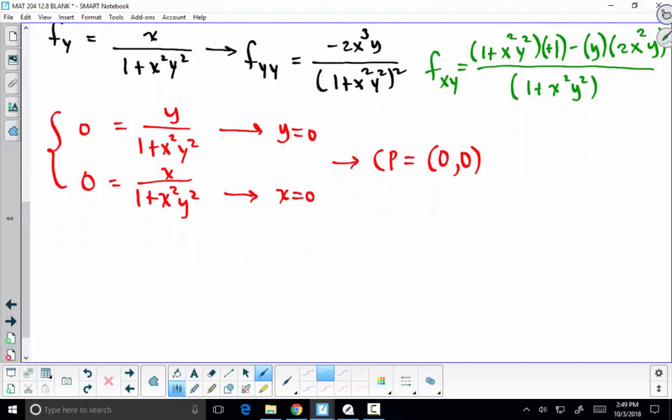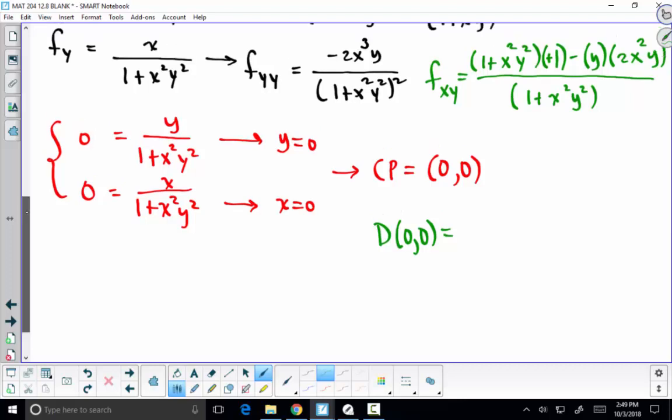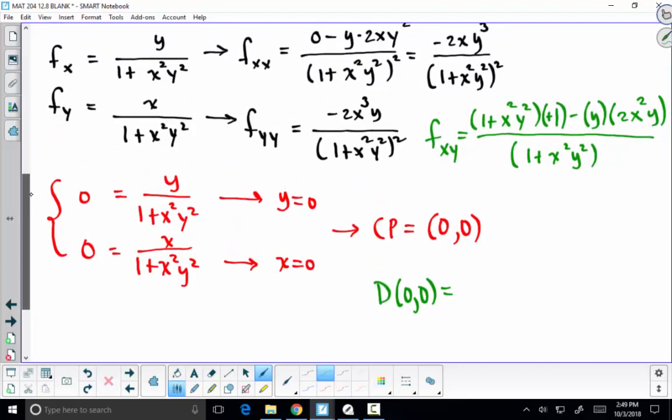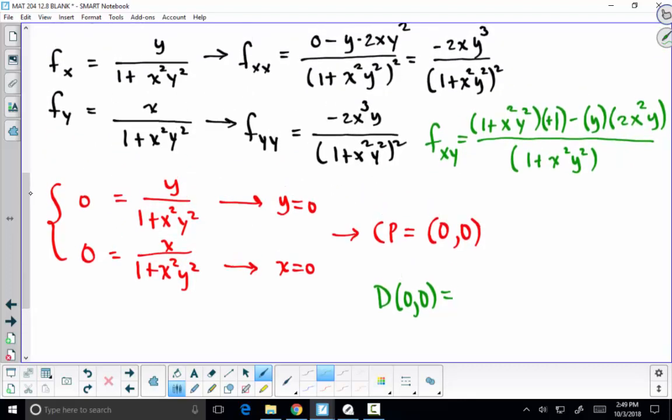So the discriminant at the origin is what then? So f sub xx and f sub yy. Wait, don't you have to square the bottom there? Yes, square the bottom. So when we find f sub xx at the origin, isn't that 0?